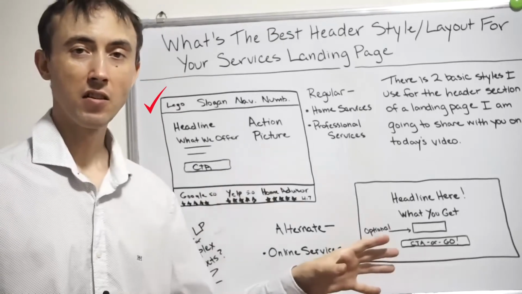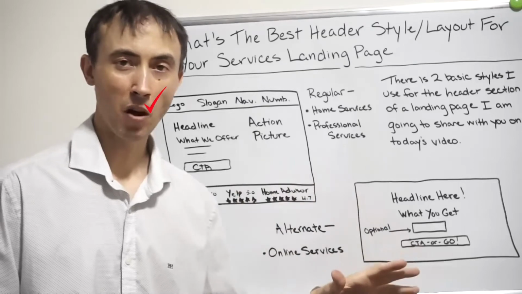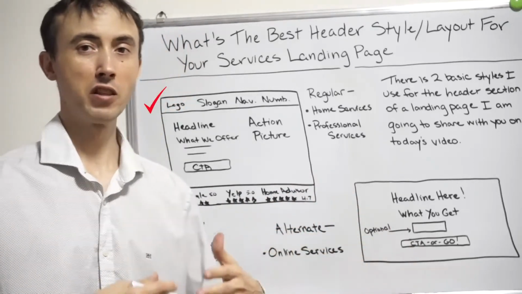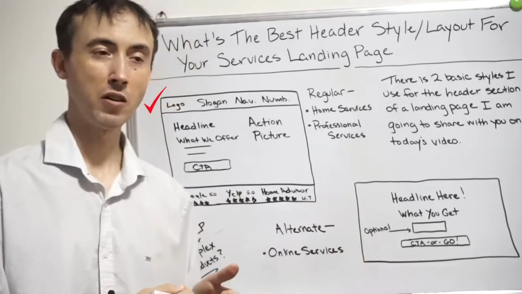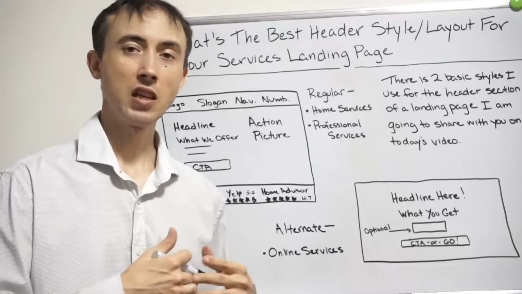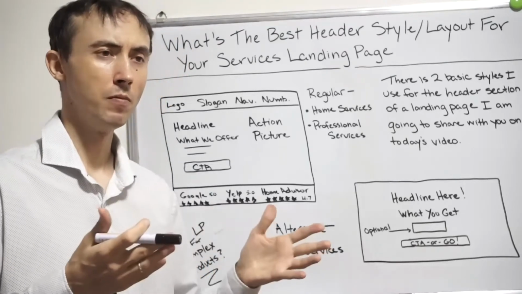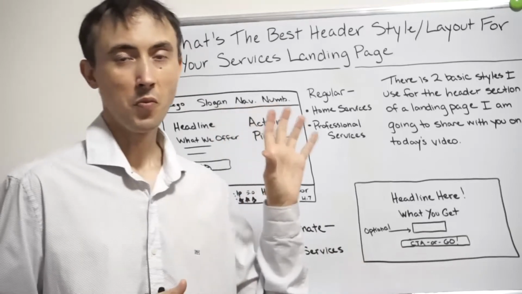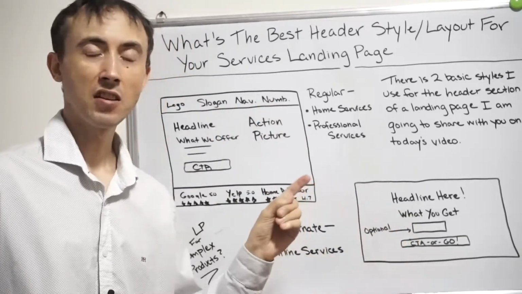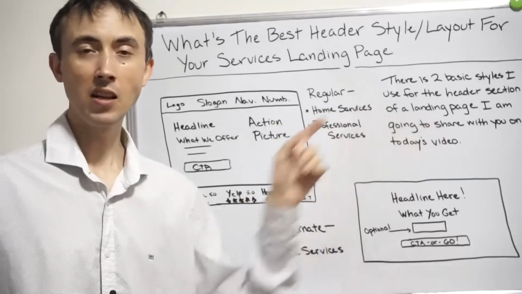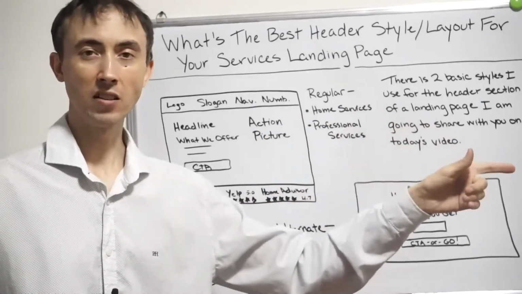Your best bet to make things work in those kinds of markets, we'll call them online services, where you're either digitally delivering what you're offering, or it's quote based, we'll just say that, is this: the ad is going to say, get a quote in 60 seconds, or get an instant quote in 60 seconds or less.